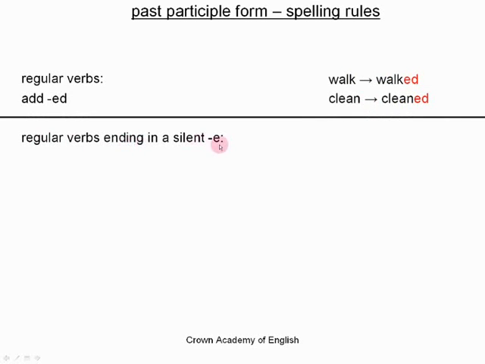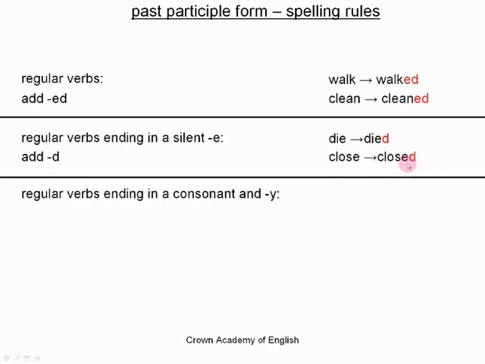Regular verbs ending in a silent e, add d. I have died. I have closed. Regular verbs ending in a consonant and the letter y, we change the y to i and add ed.